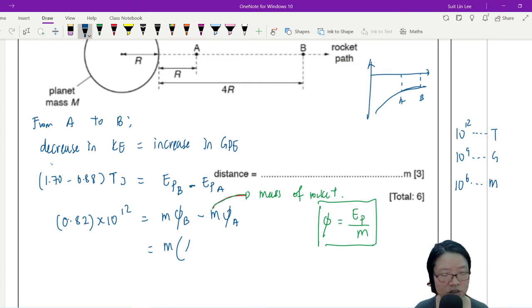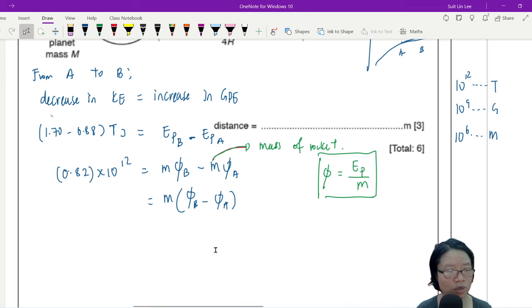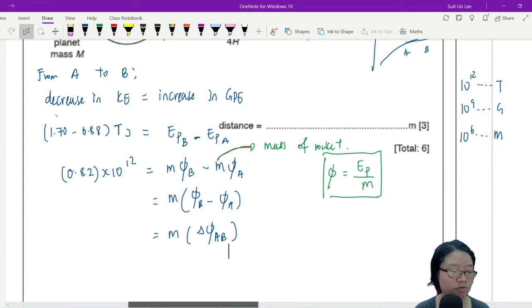And find this as the change. I'll not skip steps, okay? Potential in B minus potential in A, which is also equal to m, the change in potential for AB, which we already have an expression for previously. So I'm going to steal the expression from here.